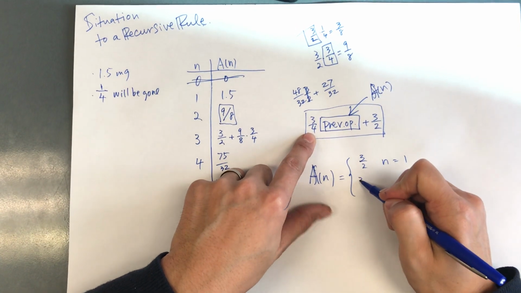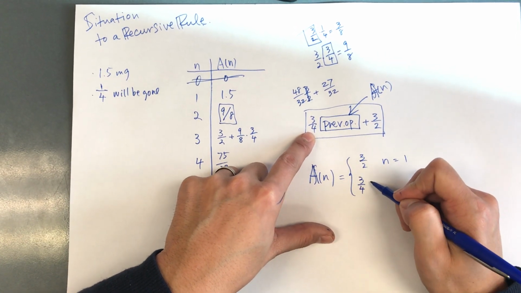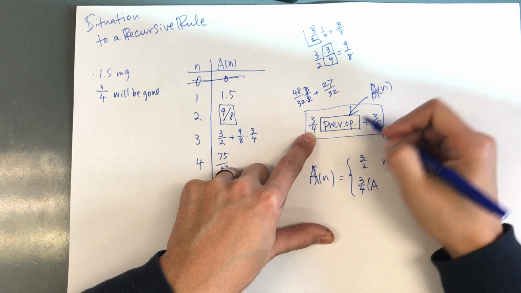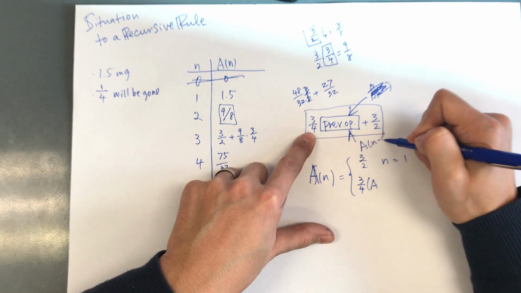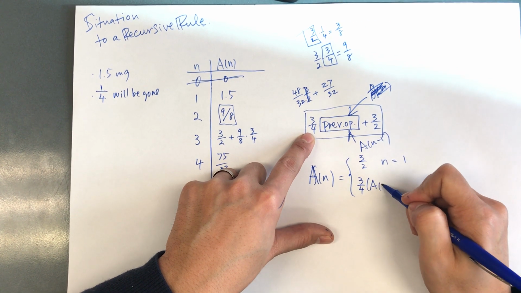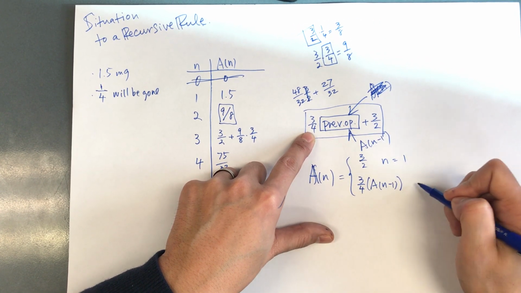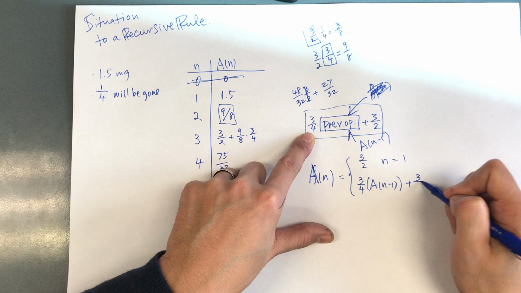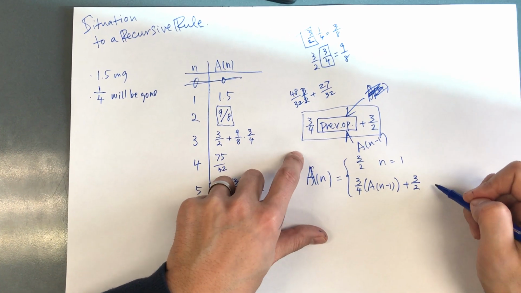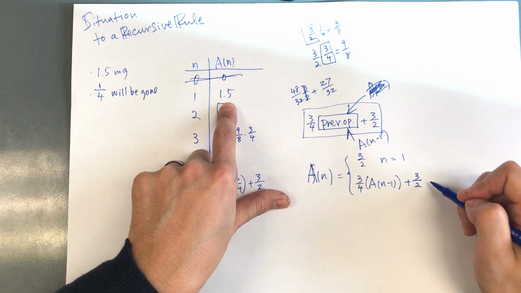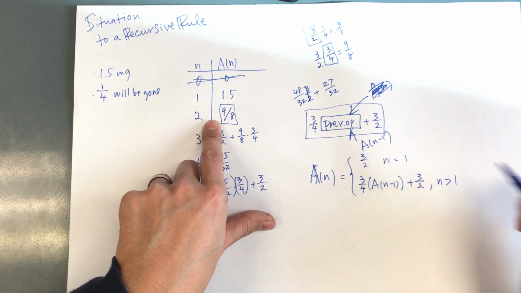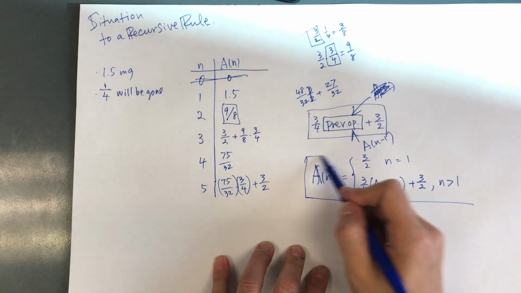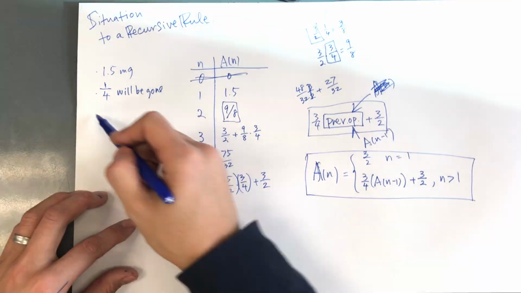So 3/4 of the previous output, that's going to be a of n minus 1. And then we're going to add the new 3/2, which is 1.5 milligrams, for n greater than 1. So this is the recursive rule to fit this situation.